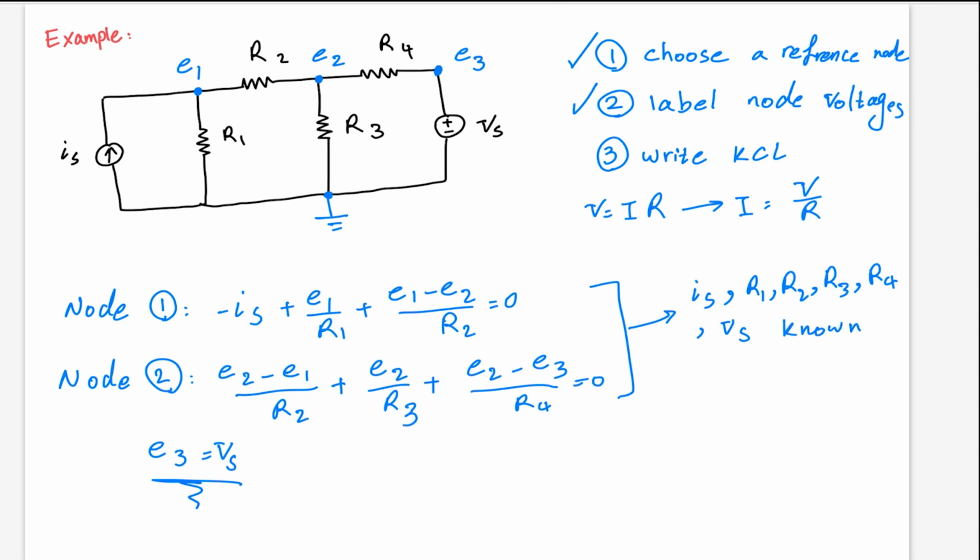But what we don't know is E1 and E2, which are unknown. So therefore, we have two unknowns and two equations.